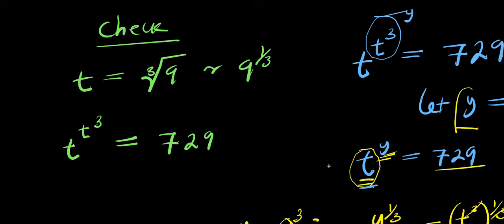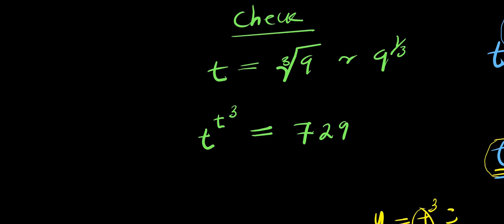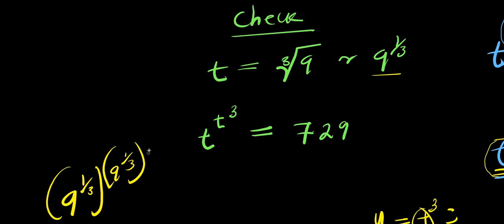So what we are going to do is check by inserting this value. I have 9 power 1 over 3 raised to the power of 9 power 1 over 3 raised to the power of 3 equals 729.